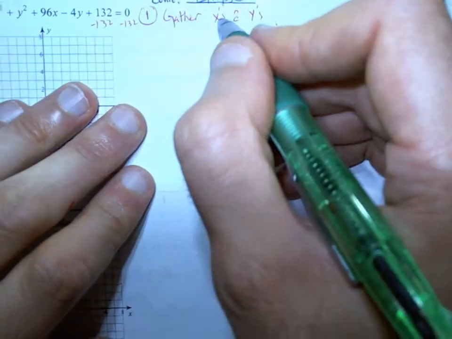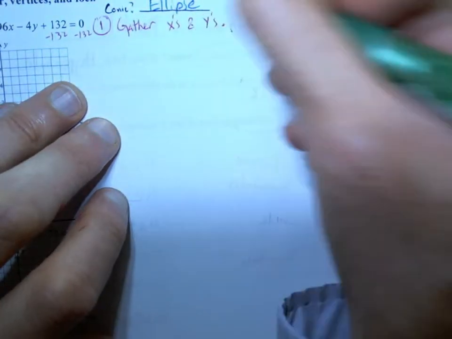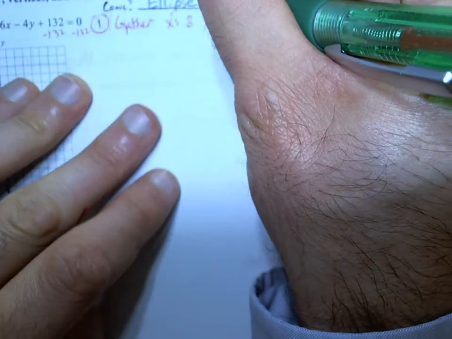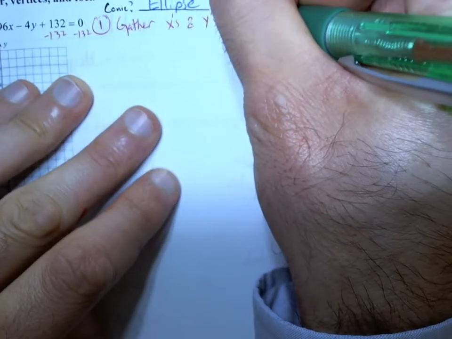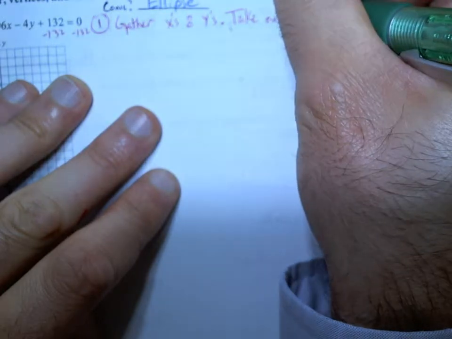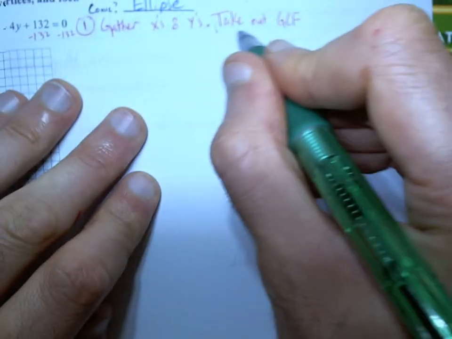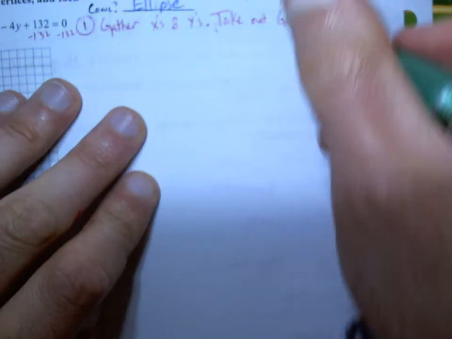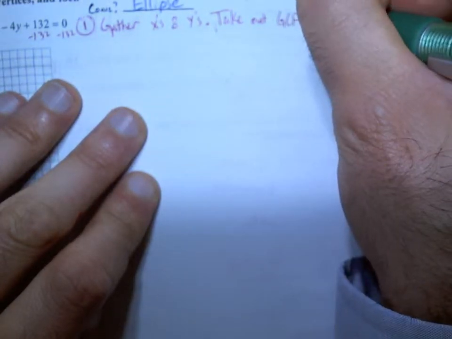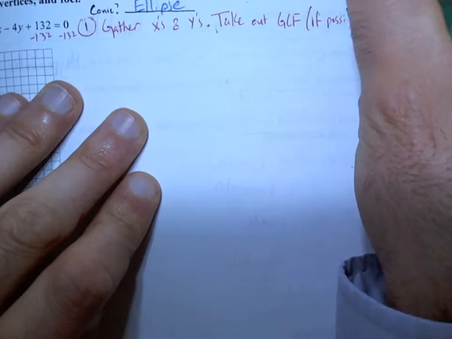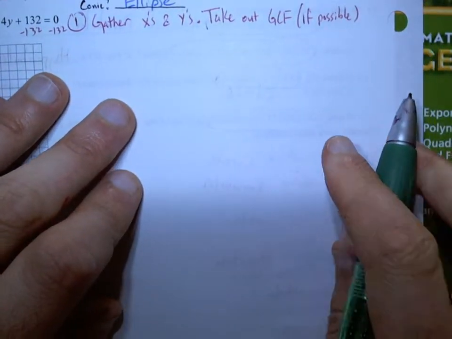Now, here's something new. This is the last new thing. If possible, take out the GCF, greatest common factor. You didn't have one to take out the previous problem. So we'll just say, if possible.